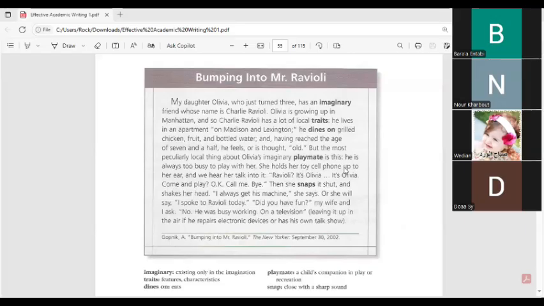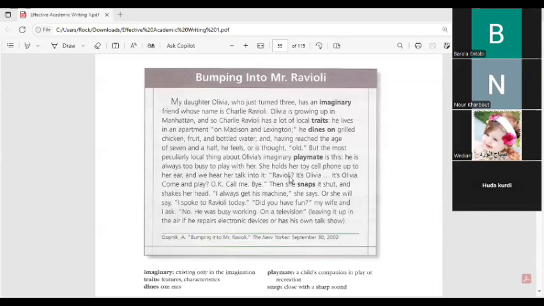Mate just means somebody who you know. Is this he is always too busy to play with her. She holds, it means to catch something, her toy cell phone up to her ear, and we hear her talk into it.